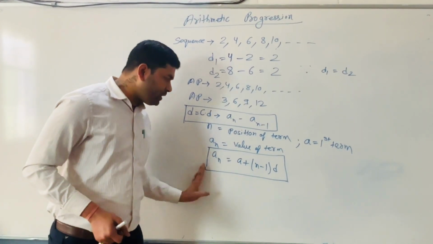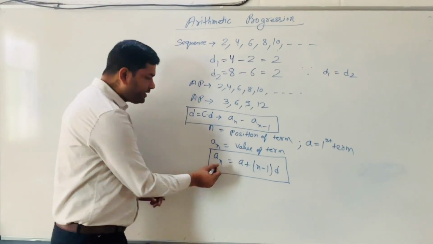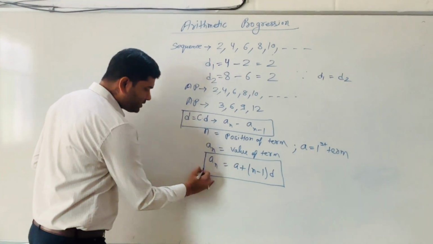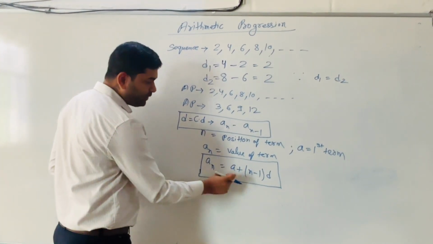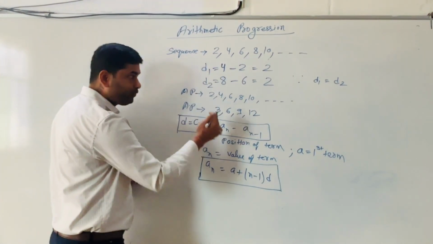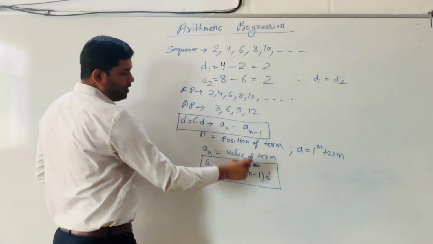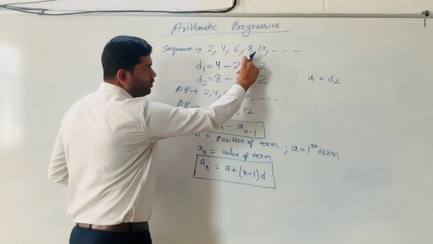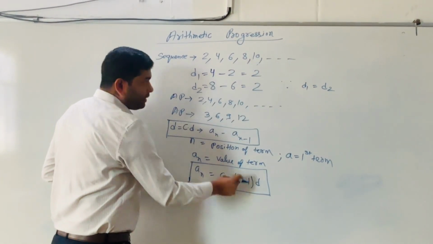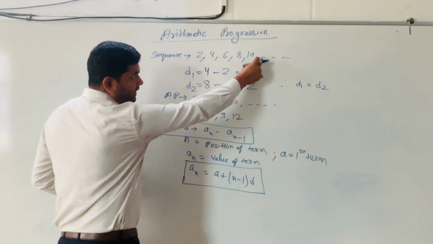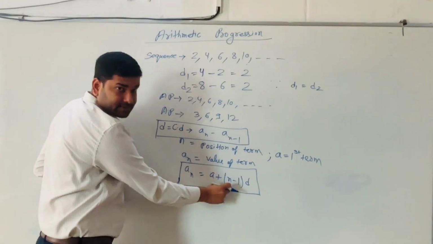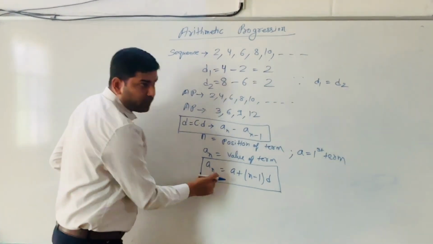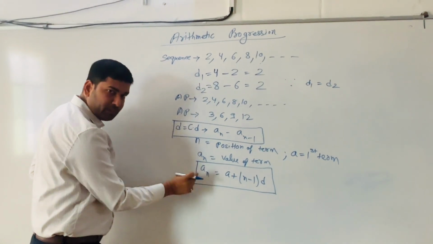This formula is very useful for finding the nth term from the beginning. This is the first term, second term, third term, fourth term, fifth term. If you want to find the sixth term, we put n as 6, the sixth number from the beginning. So this formula finds the value of the nth term from the beginning.